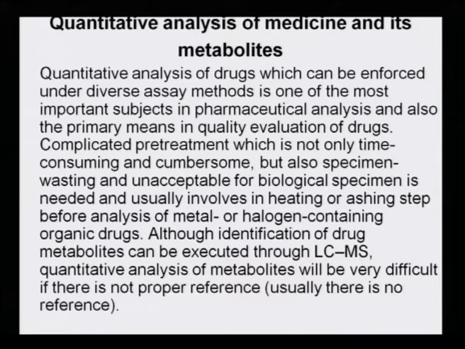So, you see that ICP-MS versus LC-MS, these organic compounds can be analyzed on both, but sometimes there are no reference standards for the metabolites, and then to identify them becomes a big problem, which can be achieved in a quantitative manner by using ICP-MS.